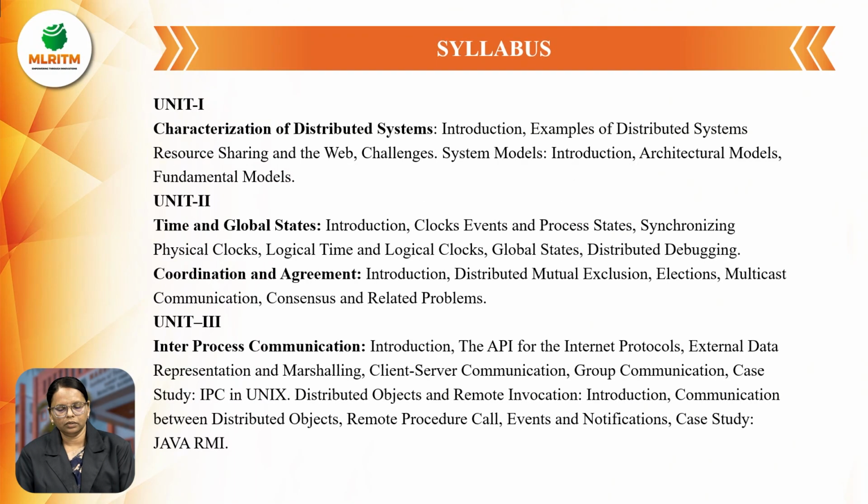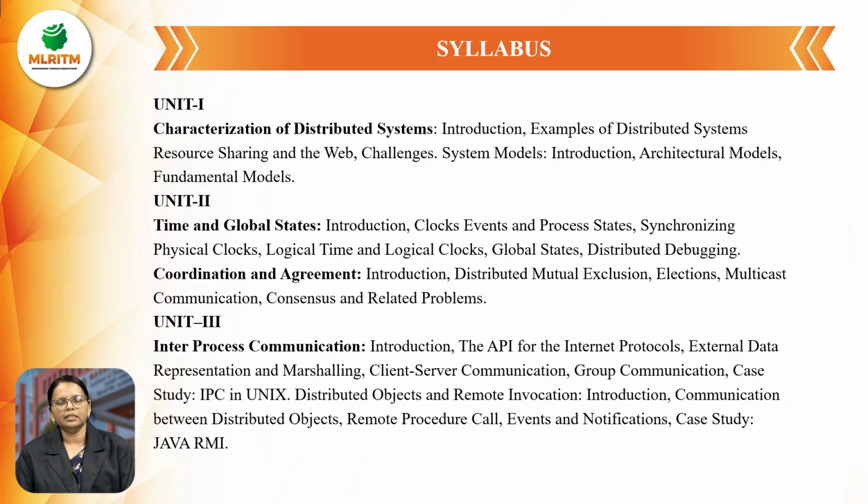Coming to the syllabus, in distributed systems we have 5 units and each unit has two parts. The first unit is the characterization of distributed systems. In that we have the contents: introduction, examples of distributed systems, resource sharing, and the web challenges.